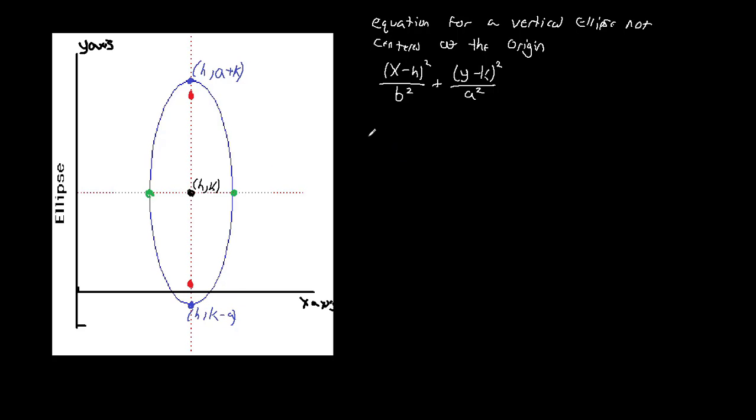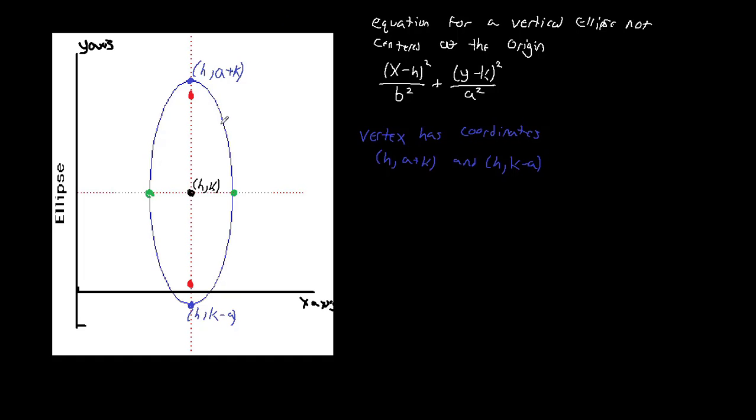Right, so let's go ahead and formalize that. The vertices have coordinates h comma a plus k and h comma k minus a.